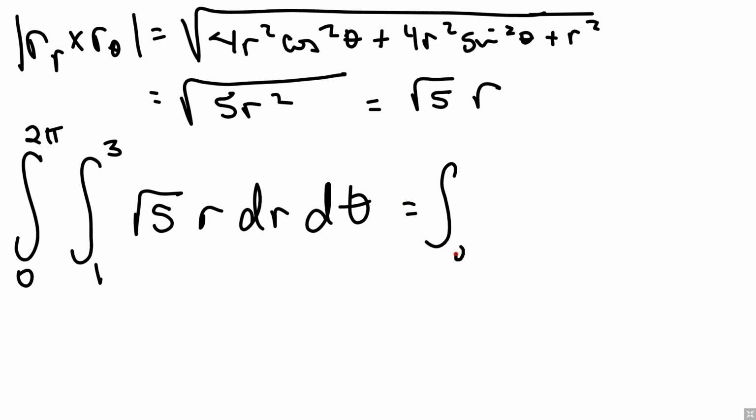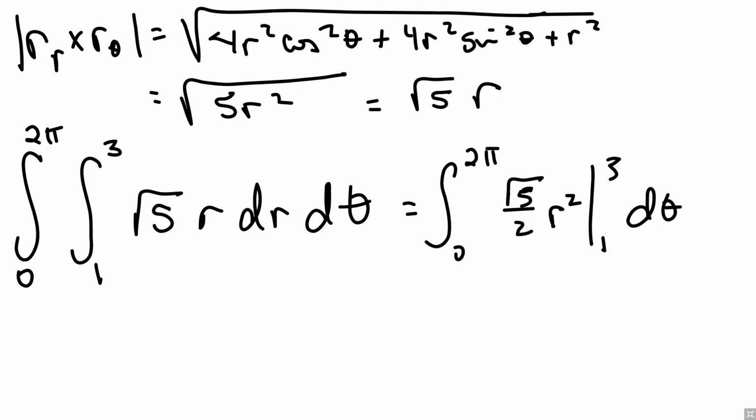So if we integrate the first time, we should get the square root of 5 over 2 r squared from 1 to 3 d theta. So if we evaluate, we're going to have basically 8 times this, so that's going to give us 4 times the square root of 5. We're going to integrate from 0 to 2 pi d theta.